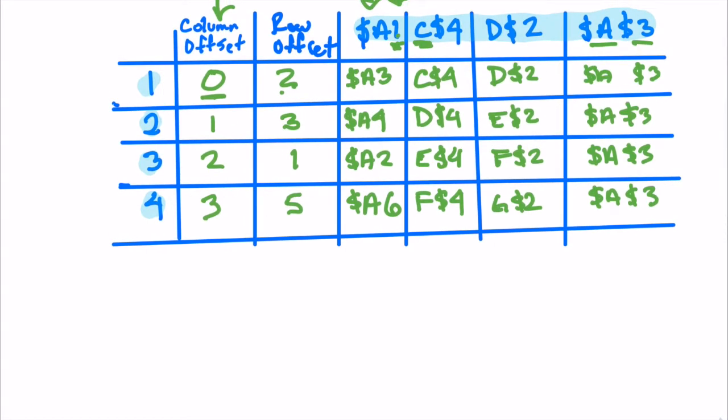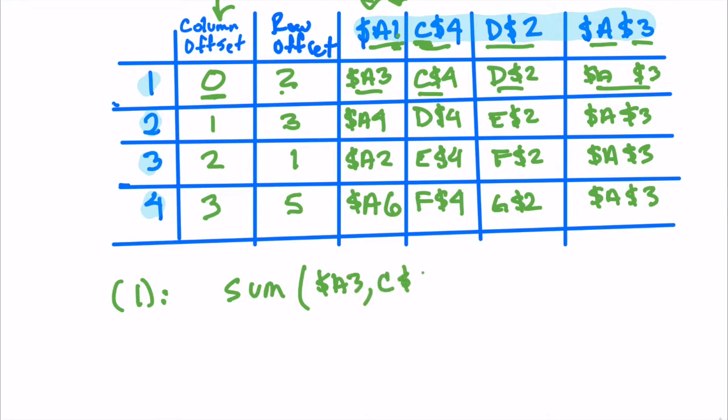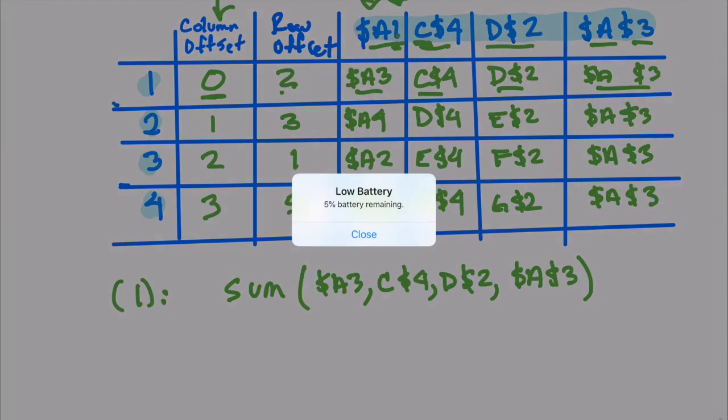I can use this information to answer the question. The formula that shows up in cell 1 is you start with the original sum, and instead of the arguments being $A1, C$4, D$2, $A$3, you just read these off: $A3, C$4, D$2, and $A$3.